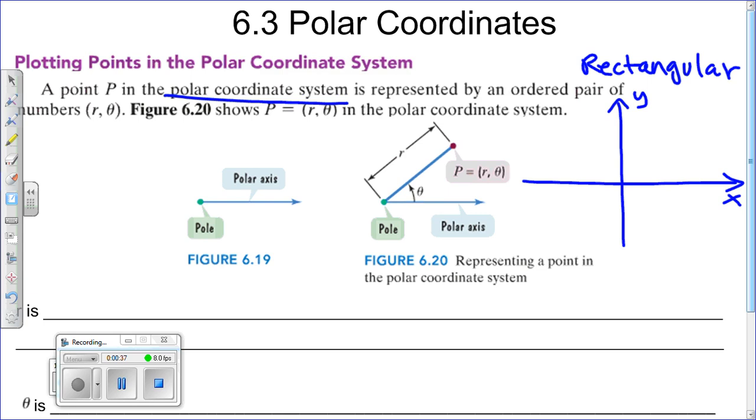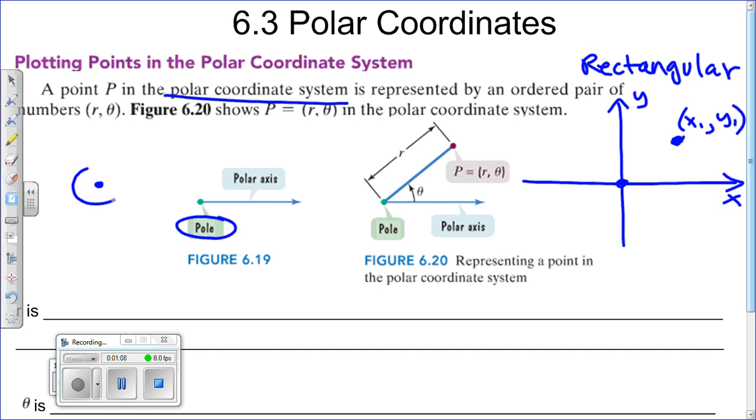And so we've been plotting points, right? And they have an X and a Y coordinate. When we talk about the polar coordinate system, just like the rectangular has an origin, the polar coordinate system will have a dot, and that would be called the pole.